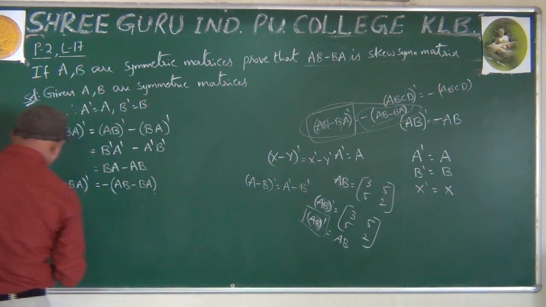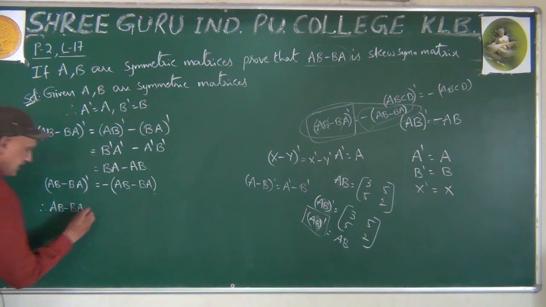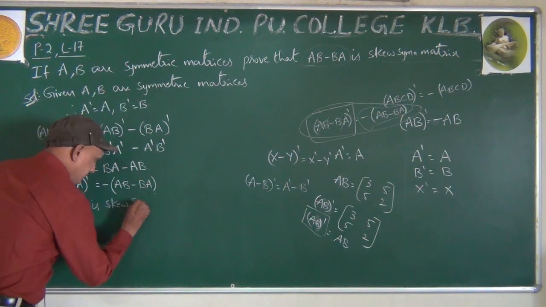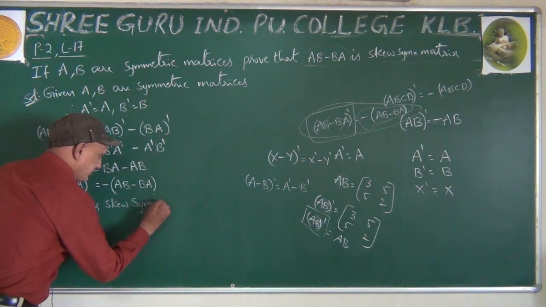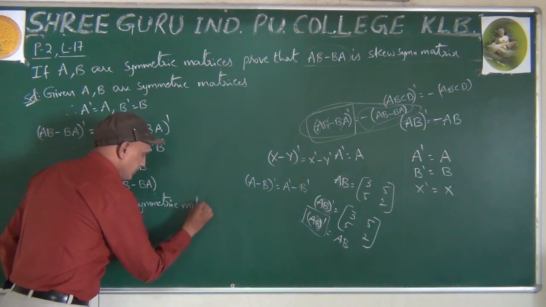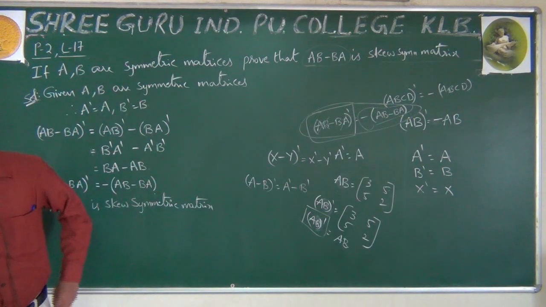Therefore, AB minus BA is skew symmetric. Skew symmetric matrix, right?